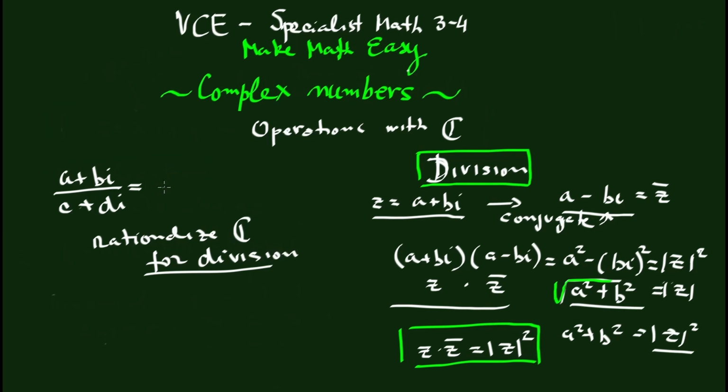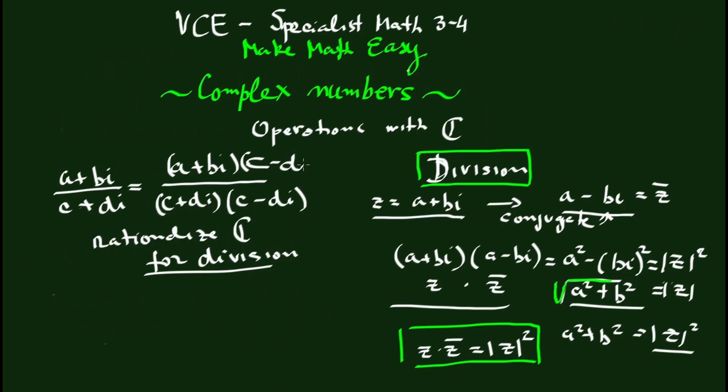So what we have, then, we multiply c plus di by c minus di, and up there we have a plus bi multiplied by c minus di. That's how we divide.